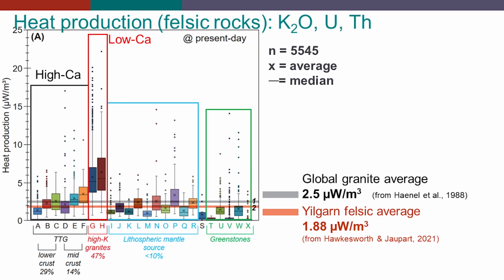A lot of the data that we have is elevated with respect to these normal averages. And in terms of a context that's a little bit easier to distill, we've got the high calcium granites, so the typically older TTG-like compositions in the black box, the low calcium granites in the red box, weird granites with a lithospheric source sitting in the blue, and then we've also compiled some lithologies that make up the greenstones shown in the green.